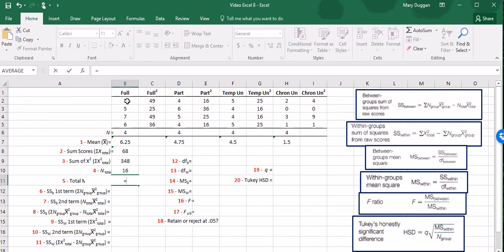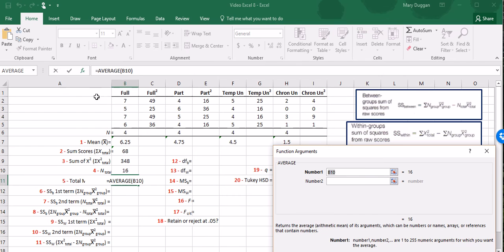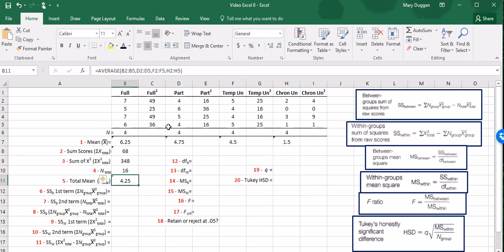Oh, I need to do average first. There we go. Select the first 4 scores, hold the Control key, select the second 4 scores, the third 4 scores, and the fourth 4 scores. Press Return. Oh, what did I do? Okay, there you go. I found the average, 4.25. It was the same average as before because I used the average function. So our total mean for the group is 4.25.